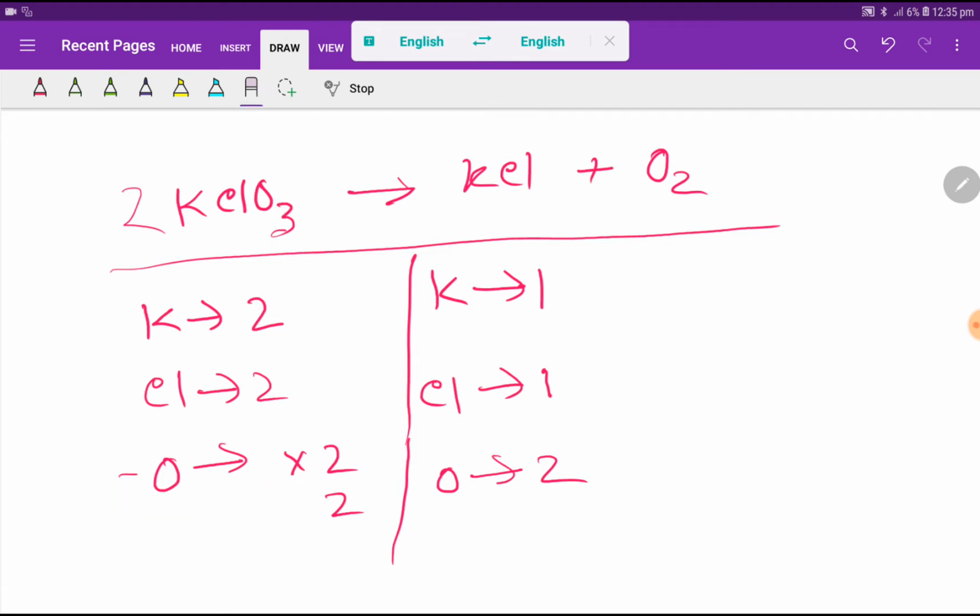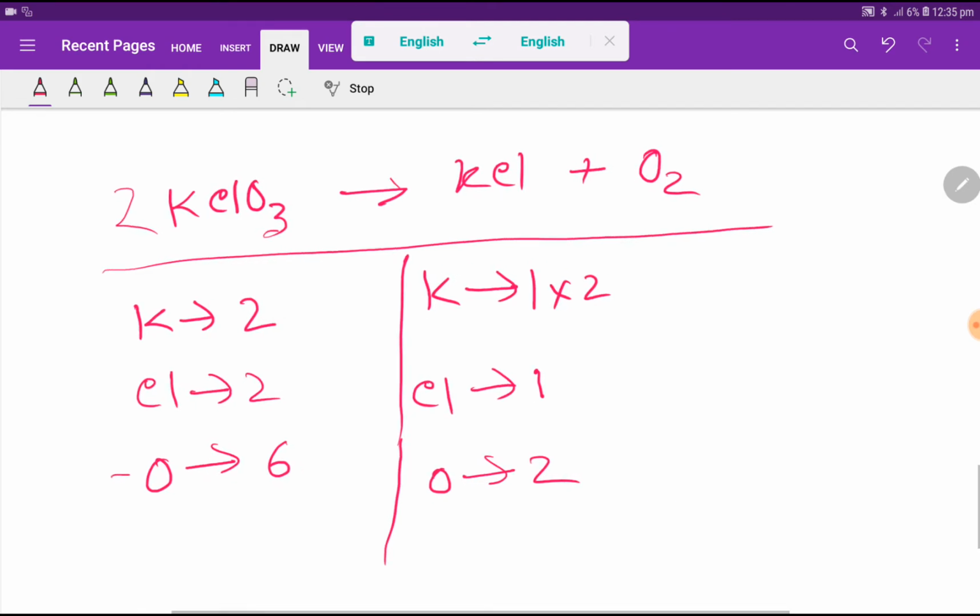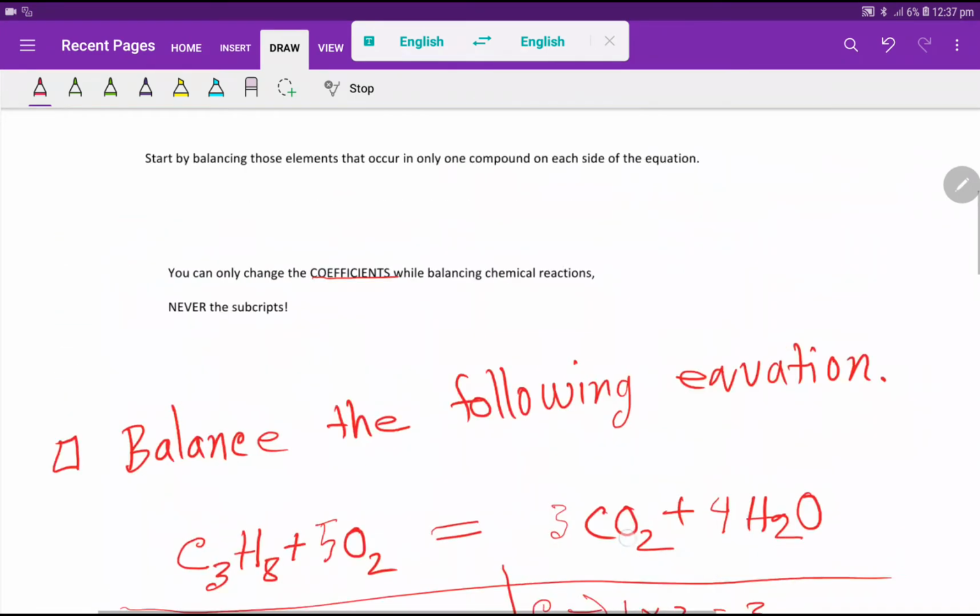So let me write here 6. Now look, here potassium 2 but here 1. So to balance the potassium, what can you do? You can multiply here by 2, that gives you 2. These two must come before this potassium that is here.